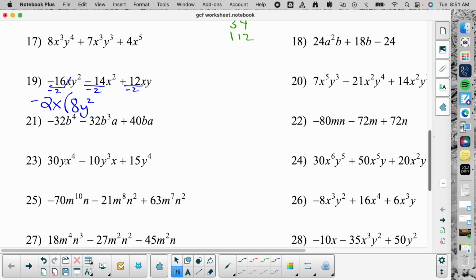Y2 stays. -14 divided by -2 would be +7. I took away 1x, so that would just be x to the first. 12 divided by -2 would be -6. I took away 1x, I still have a y. And then that would be the factored form.